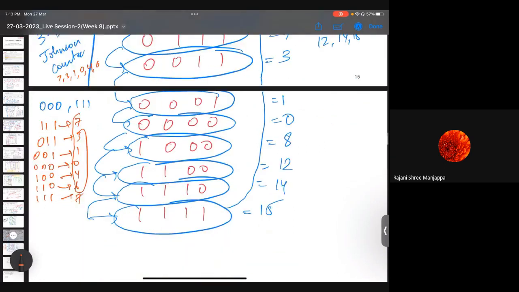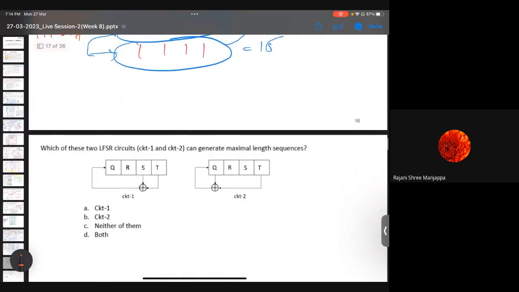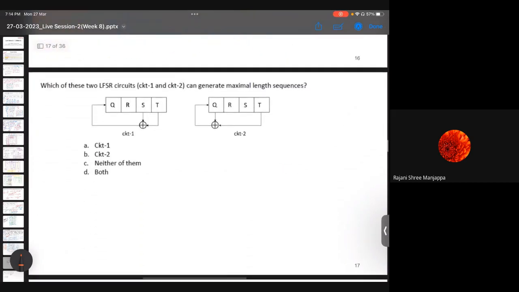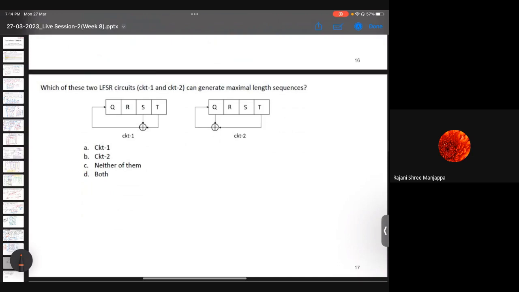Okay. So if you have understood the concept of LFSR, maybe you can try to do this question. You just need to write the polynomial equation of this. I will give you 2 minutes. I hope you know what maximum length sequences are. I'll tell you.